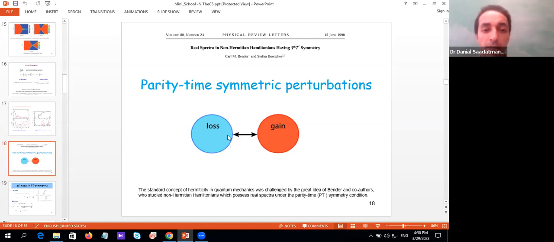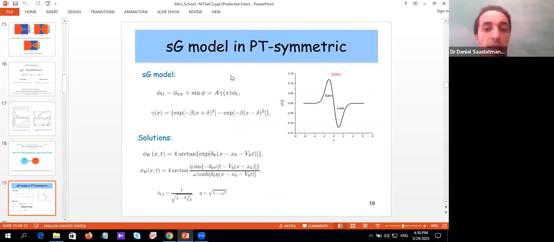In fact, here we want to show the interaction of the solitons, kink and anti-kink, with such a parity-time symmetric perturbation. We want to send the soliton from both sides to the perturbation and see what happens to the solitons. Here, I start with a very simple model, the sine-Gordon model. We know the equation of motion for the sine-Gordon model.